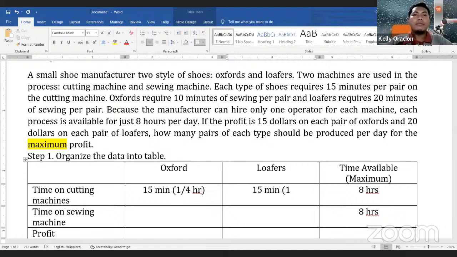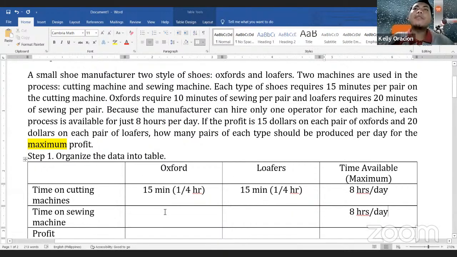Sir, why do we need to convert? It's because the given states 15 minutes for both Oxford and loafers in the cutting machine, and the time availability is 8 hours. So they should be consistent, both in hours. That is 8 hours per day.